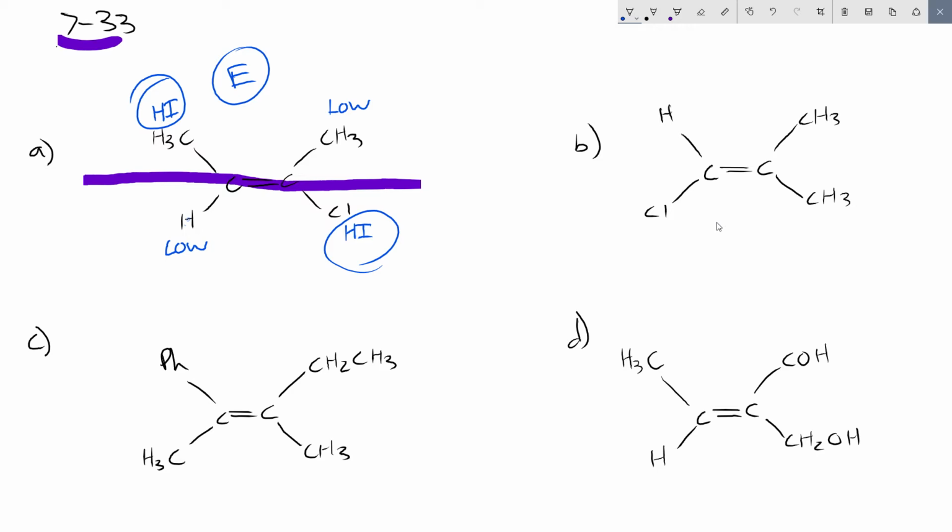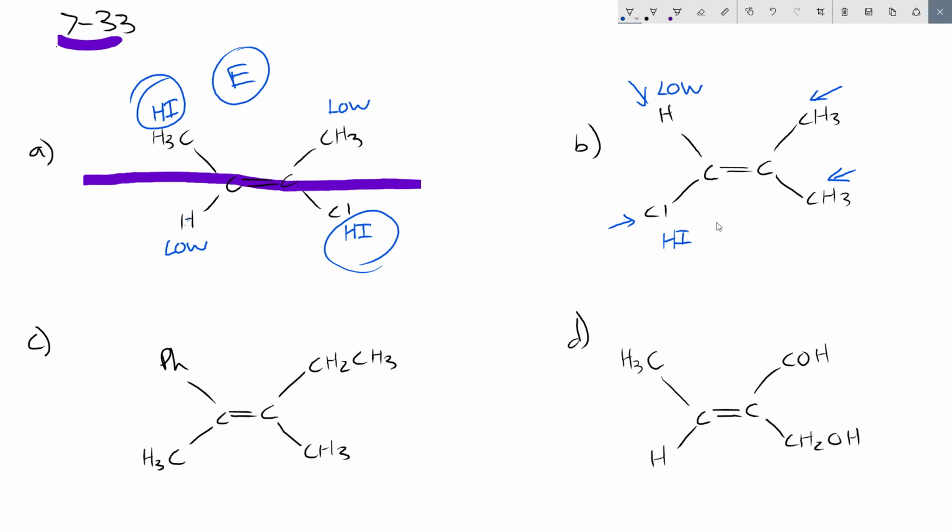Right, so for this one on the left side, we're comparing a hydrogen with a chlorine. Obviously, chlorine gets the high priority. Hydrogen gets the low priority. On the right hand side, we're comparing a methyl group with a methyl group. These are two of the exactly same things.